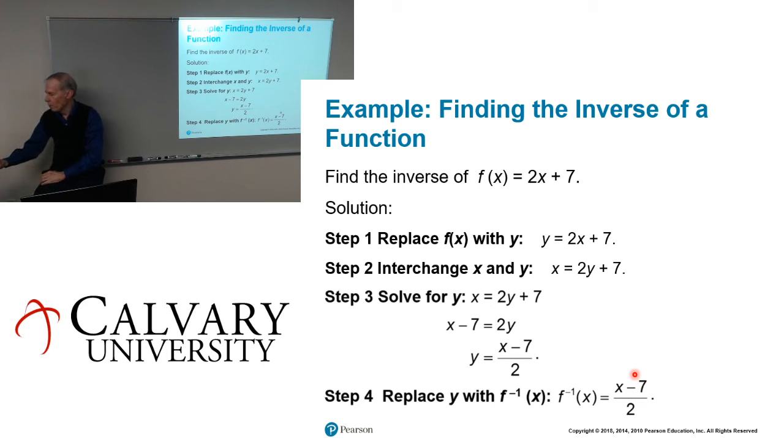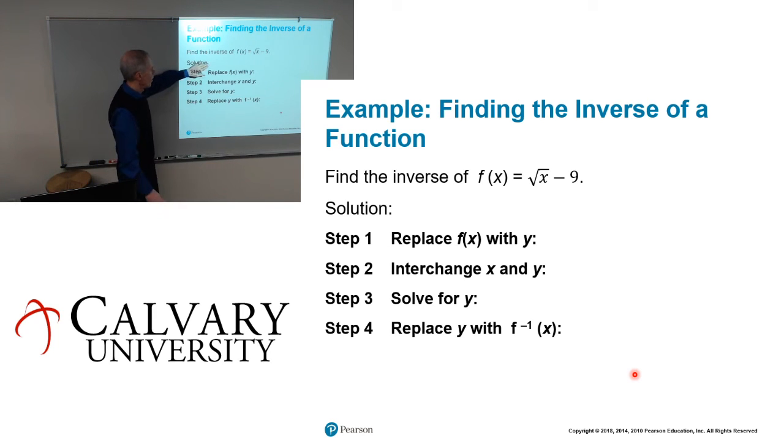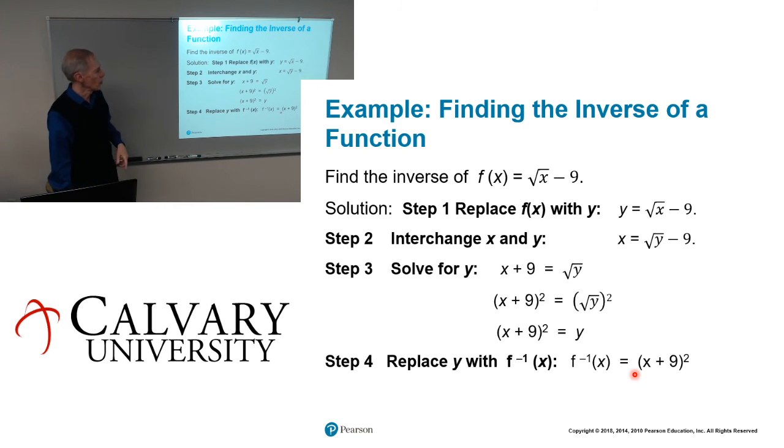So, another example, suppose we do something like this. Suppose it's a square root of x minus 9. Now, of course, you don't want to memorize these, but intuitively think what's going on by just making it in terms of y. When you reverse the x's and y's, you'll notice what we'll look at in a few minutes about the graphs. You can see how that works, and then solve for y and put it in that symbolism. So let's do that.